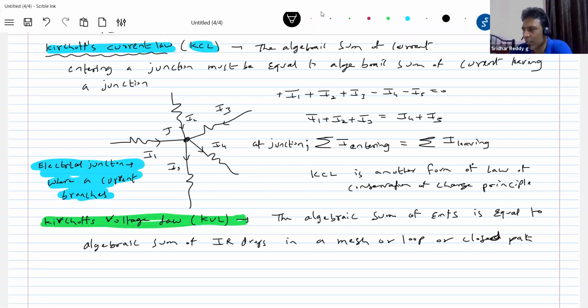This is what the law is telling. We'll take this one.